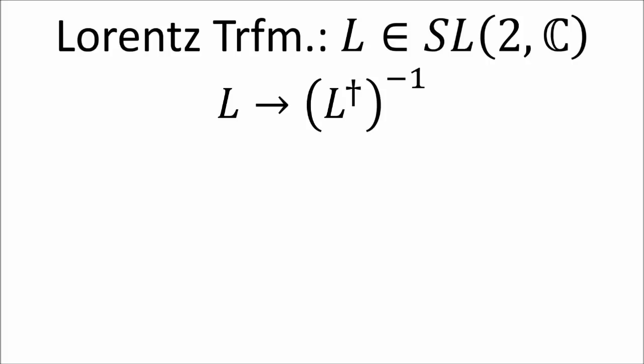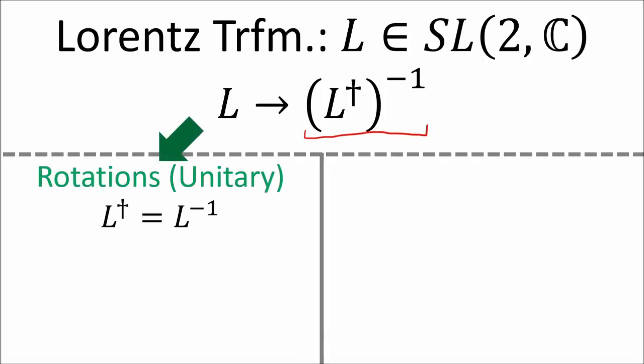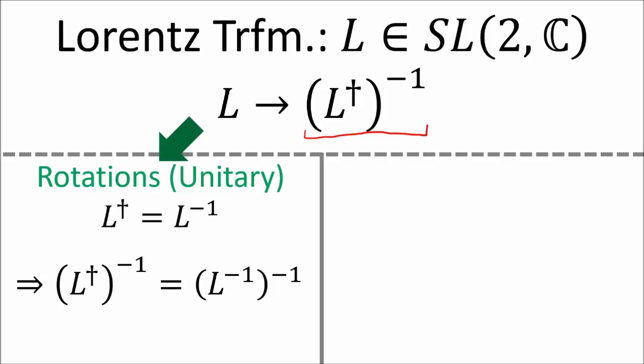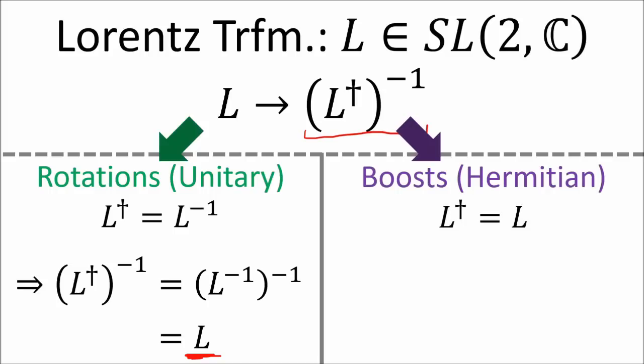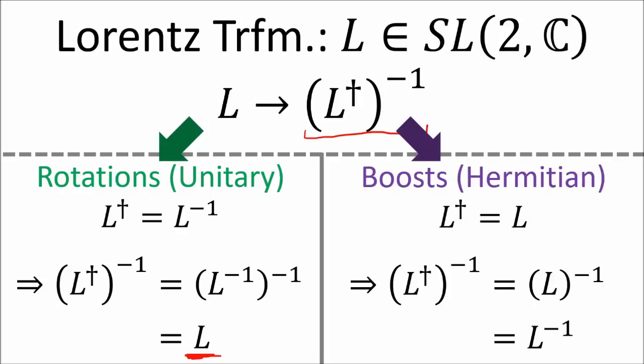Now, if we take an SL2C matrix L, and take its Hermitian conjugate, then take its inverse, for the unitary rotation matrices, since the inverse is the Hermitian conjugate, the combination of Hermitian conjugate and inverse operations cancel out, and the matrix is unchanged. But for boost matrices, which are Hermitian, the Hermitian conjugate does nothing.